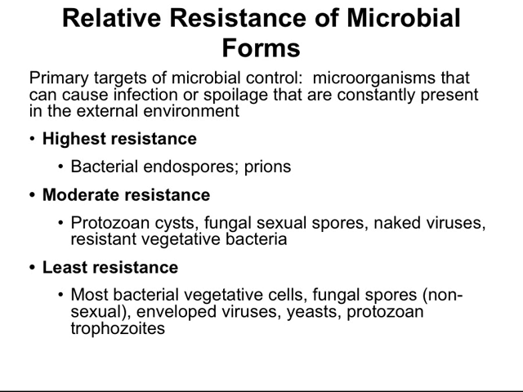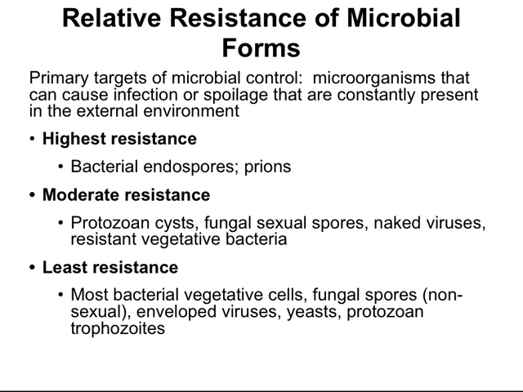Now, some of the resistant vegetative bacteria are like Mycobacterium tuberculosis or Staphylococcus aureus or the Pseudomonas. In general, naked viruses are much more resistant than the enveloped forms. Hepatitis B and polioviruses are the most resistant of these viruses.